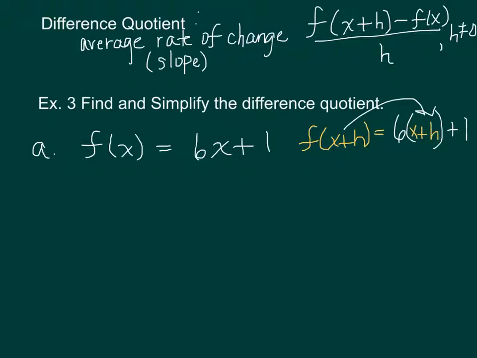It might be easier if you simplify it. So you're going to get 6x plus 6h plus 1. All right, so we have f of x plus h. We have f of x, and h is just a constant. So this is my difference quotient. I'm just going to plug everything in that I have.